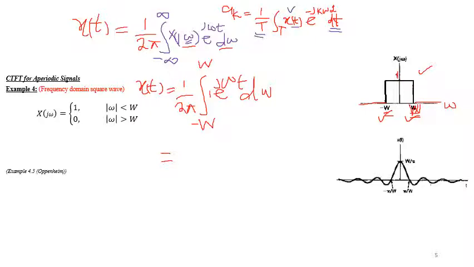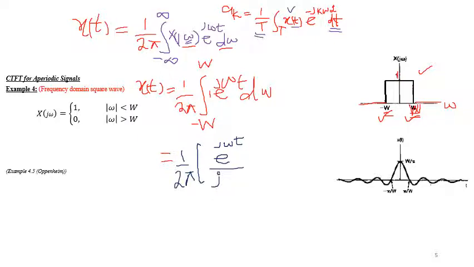So this is the scaling factor of 1 by 2 pi, and in the square bracket, the integration of this will again result in the same exponential signal. And here we scale it by j t. And why by j t?